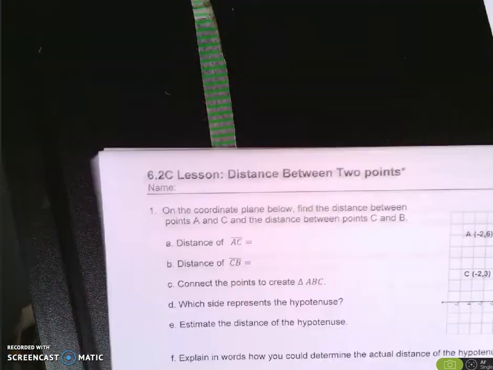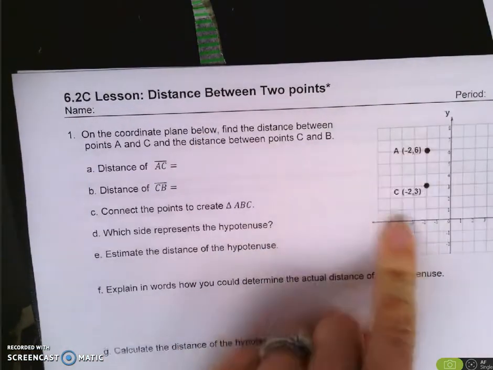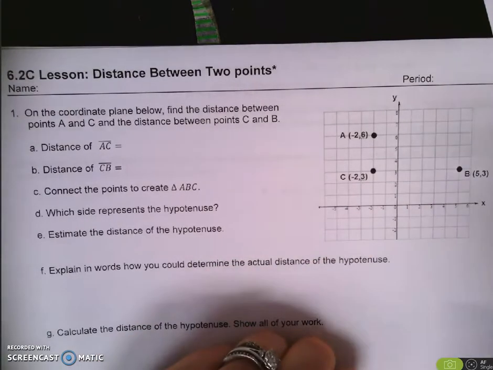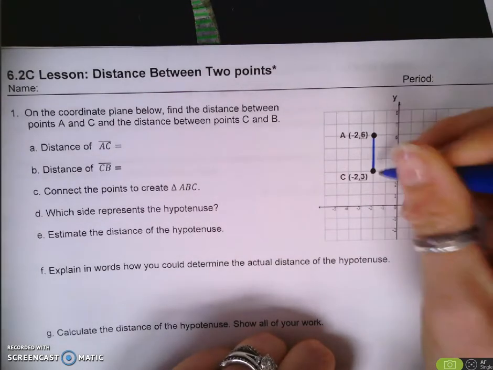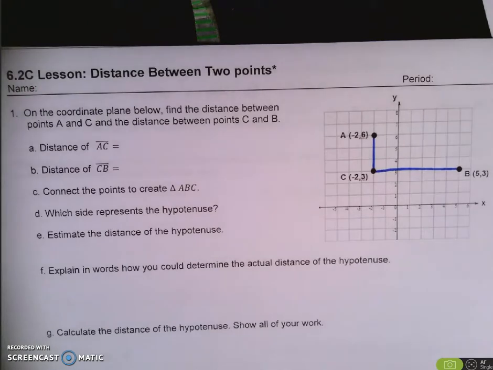Okay, let's take a look at page 36. It's 6.2c lesson, the distance between 2 points. So the first thing I want you to do, looking at this graph, is find the distance between AC and the distance between CB. Go ahead and do that now with your groups.